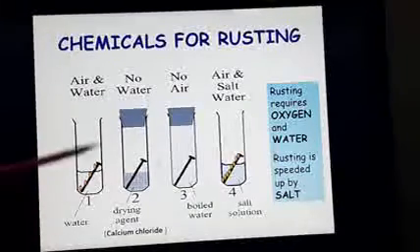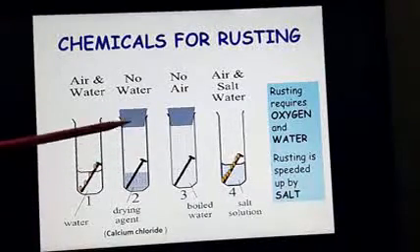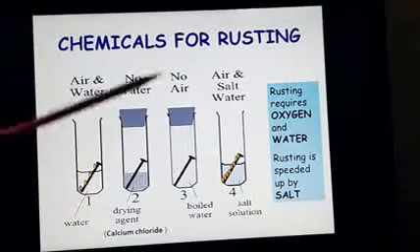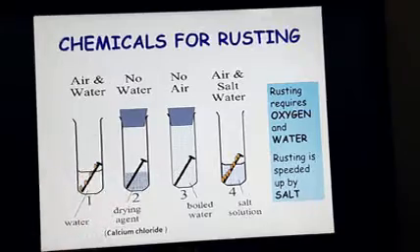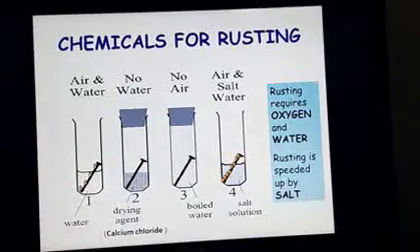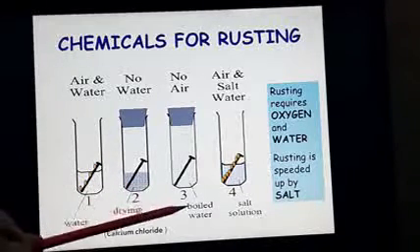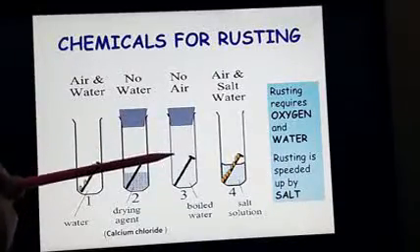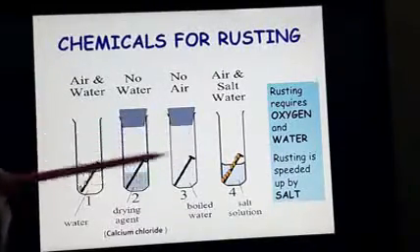So basically in this test tube, we have the iron nail and we have got air, but we have got no moisture or water. In the third test tube, we have taken the nail and we have filled the test tube up to the brim with boiled water. Now when we boil water, what we are actually doing is getting rid of the oxygen that is dissolved in the water. So basically there is no oxygen here.